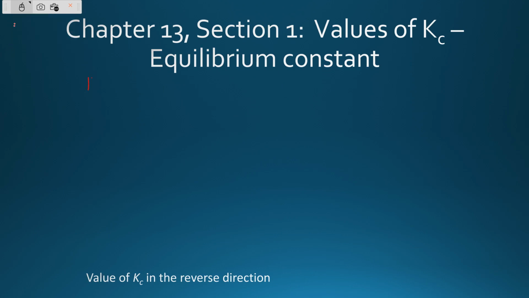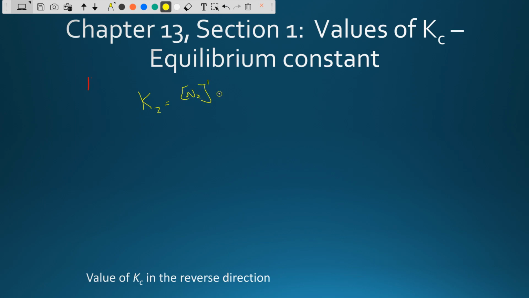All right, and that's where the other number that I was screwing up came from. So I have my Kc value. This is going to be of my nitrogen now times my hydrogen. Again, we're just taking a look and seeing which direction this reaction would go. And so that was NH3 to the second power.